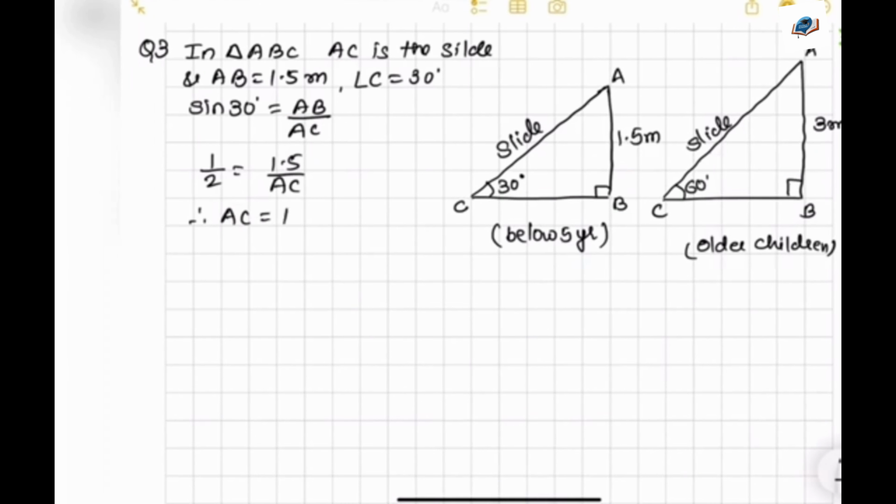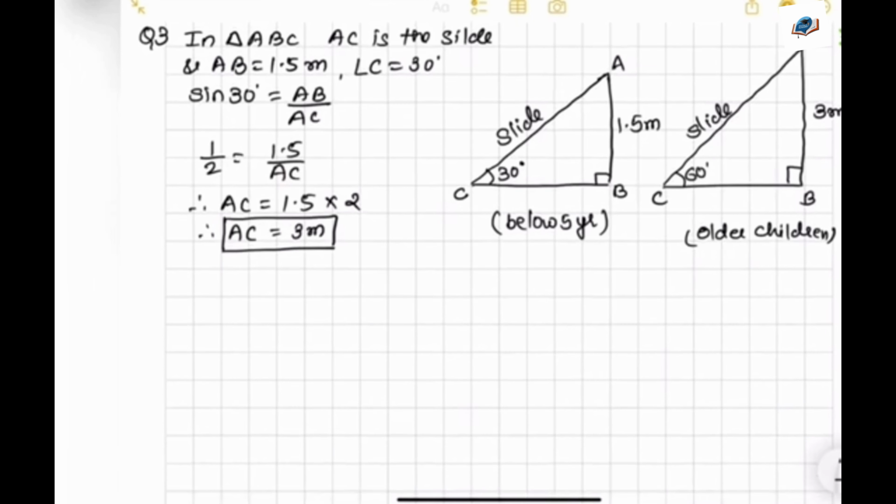Now in the second case, for the elder student, he is putting a slide of height 3 meter. So angle C equal to 60 degree in the second figure, and AB equal to 3 meter. So the slide AC I have to find. So here also I can use sine. So sine 60 will be equal to AB upon AC.